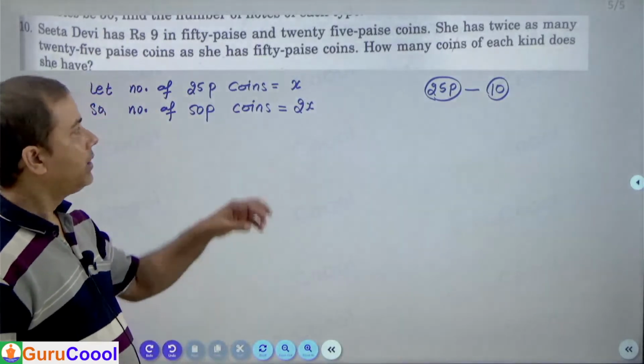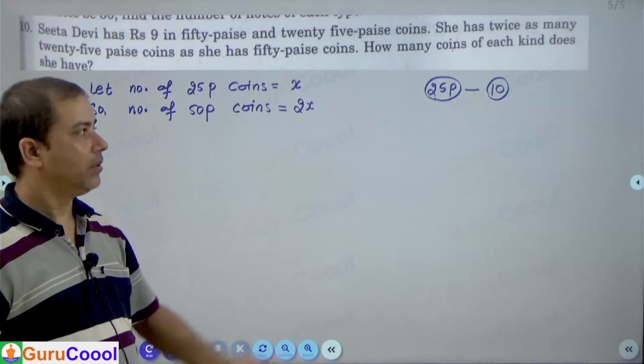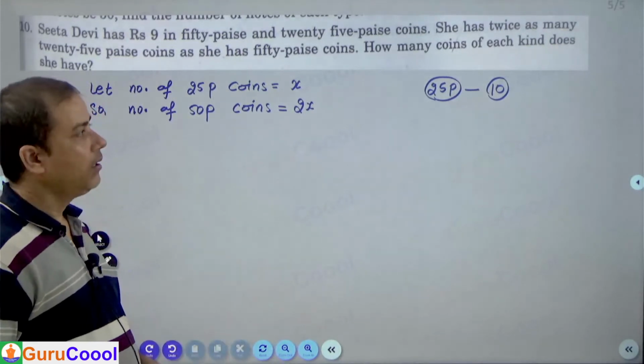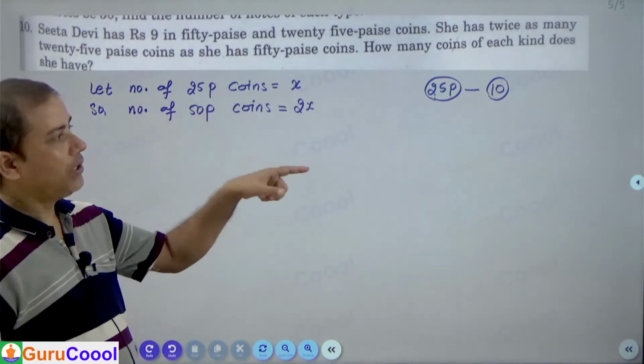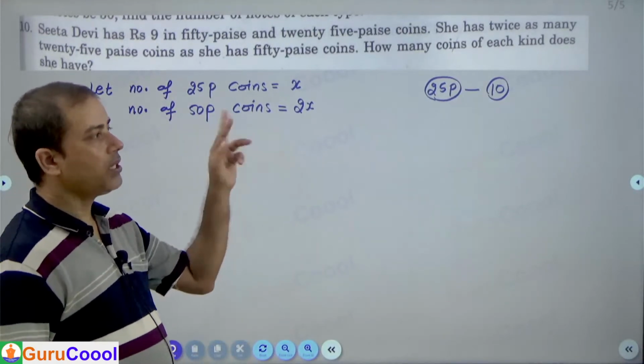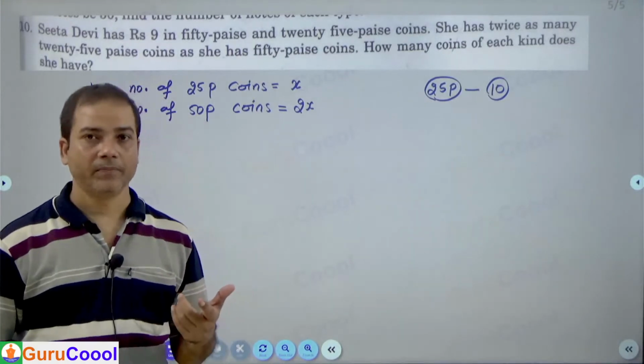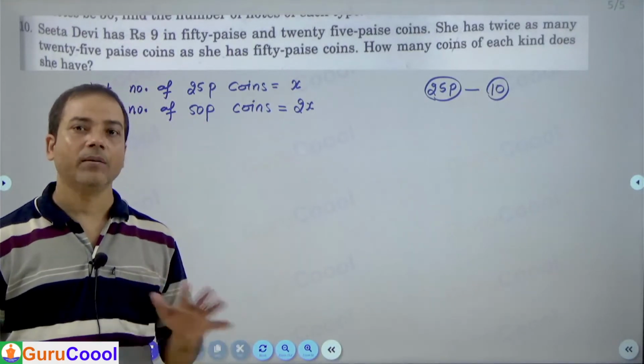So either make all of them rupees, that is okay, or make all of them into paise, that is also okay, but different units is not okay. Make them into the same units.